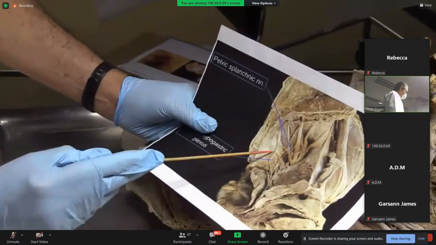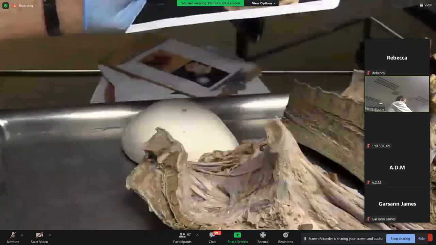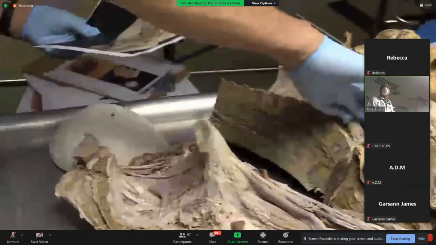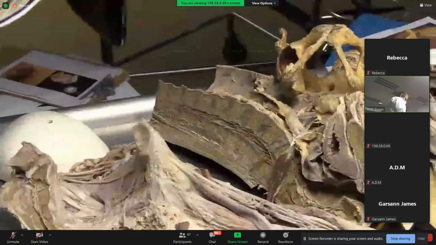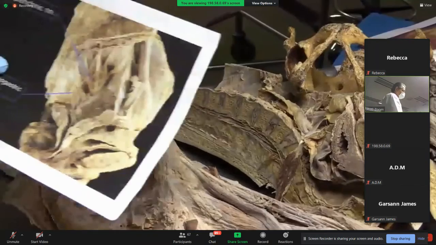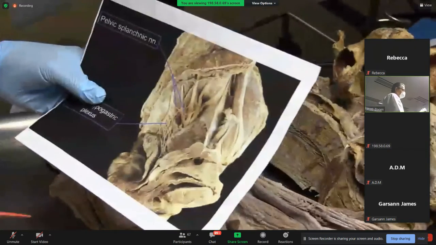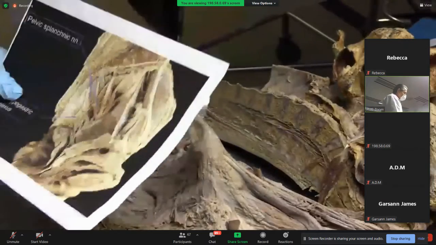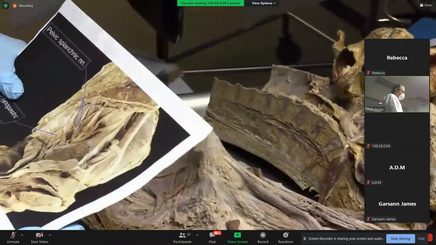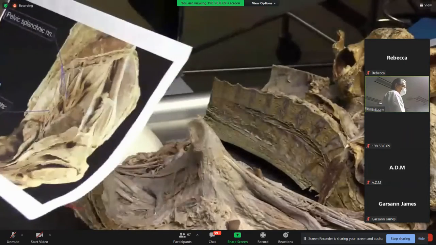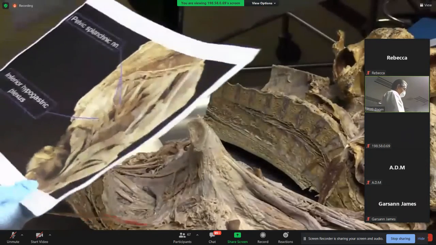That inferior hypogastric plexus is right on the side wall of the pelvis. You're not going to be asked to identify it. It's on the side of the rectum and the side of the bladder. This inferior hypogastric plexus is probably one of the most important autonomic plexuses in the body.